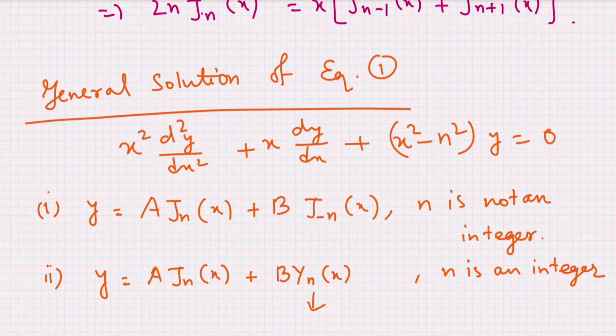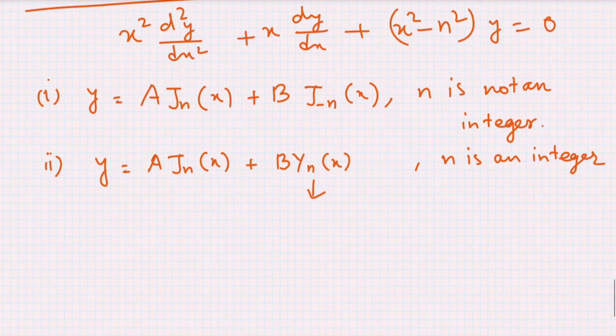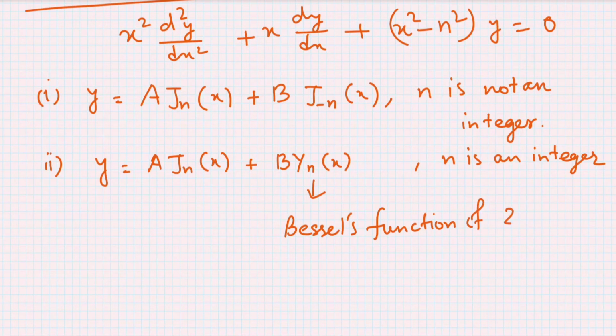Now this Y n is known as Bessel's function of second kind, since J n x is the Bessel function of first kind and Y n x are the Bessel functions of second kind. So Y n x, this is equal to, you can write in terms of J n x.